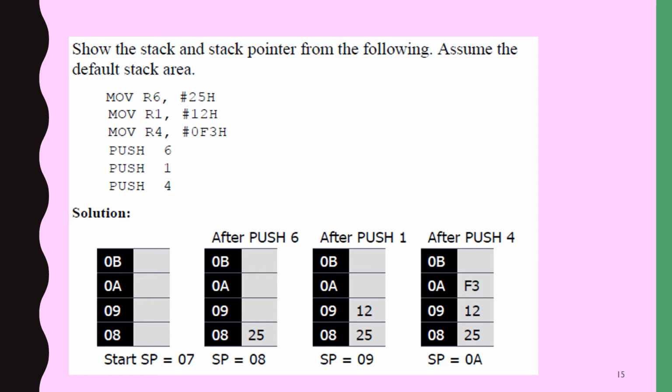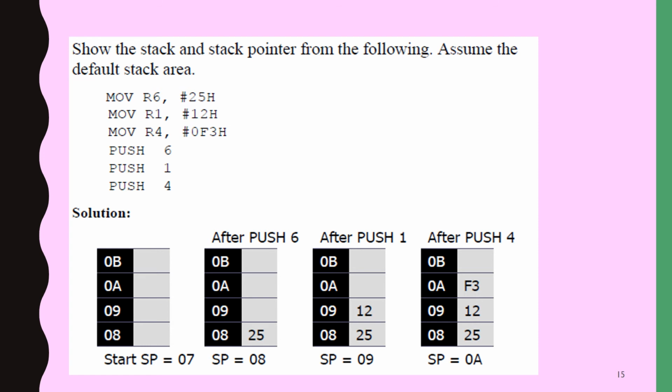Now what we will do is a simple thing, that is, we want to push something. If we see that the stack pointer is 07, then now it is at 8, it is going to push 25. Next it will be at 9, it will push the next instruction, that is move R1, comma, 12.